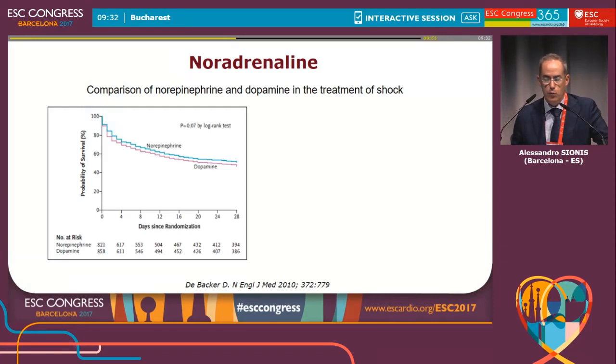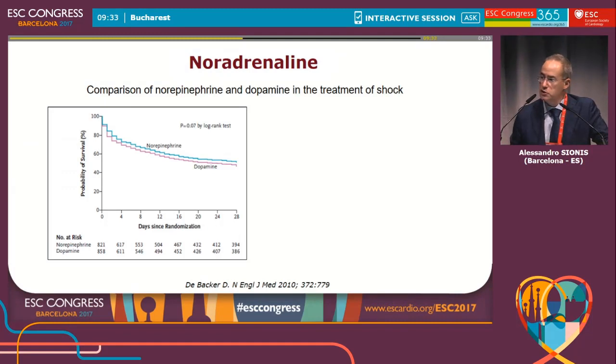And well, they couldn't show any difference in the probability of survival between the two drugs, but noradrenaline fared better as far as adverse effects are concerned. There were a lot more arrhythmias and tachycardias with dopamine than with noradrenaline.